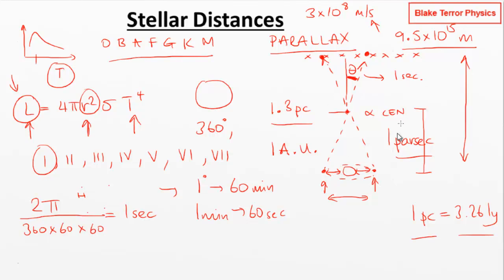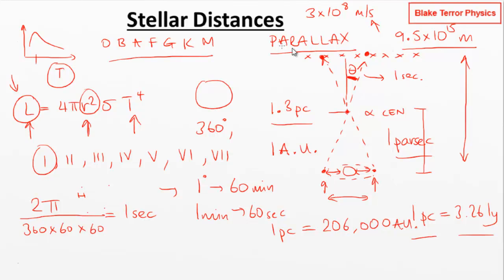A parsec is way, way greater than an astronomical unit. It's over 200,000 astronomical units. I think it's 206,000 and bits astronomical units in 1 parsec. So there's a massive increase in the scale of measurement that we're using.